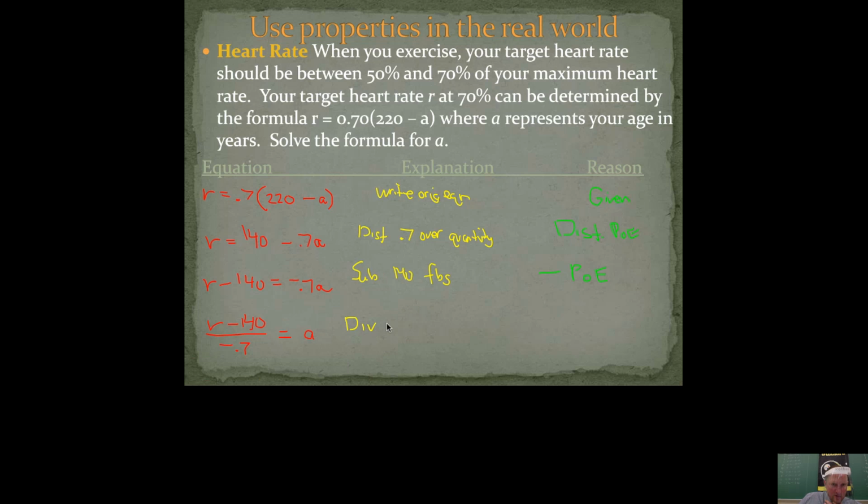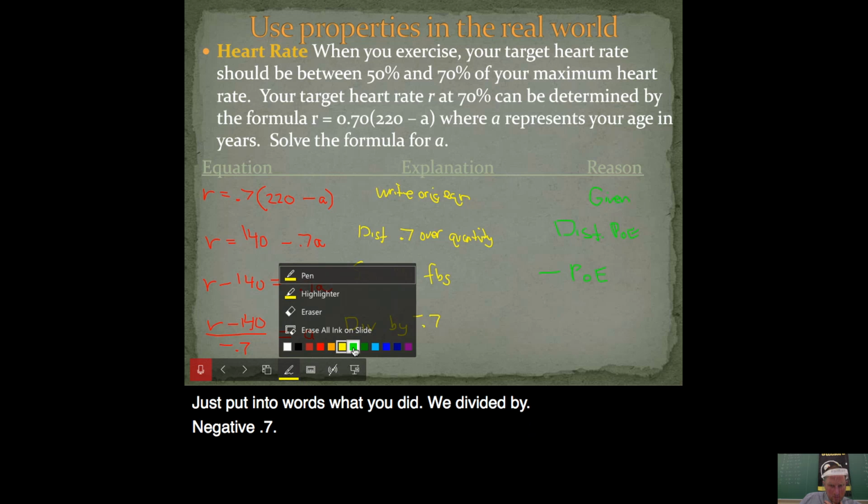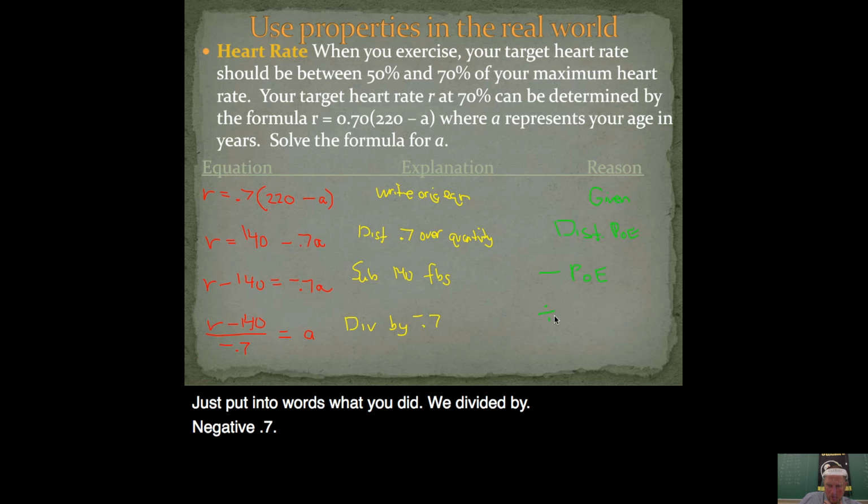So just put into words what you did. We divided by negative 0.7. That's your division property of equality.